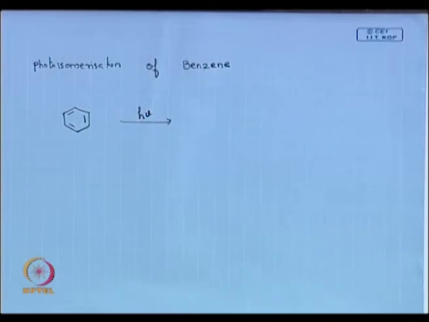Any idea what benzene gives on photochemistry? You get fulvene. Any other important molecule? Benzvalene, you will get Dewar benzene, prismane.